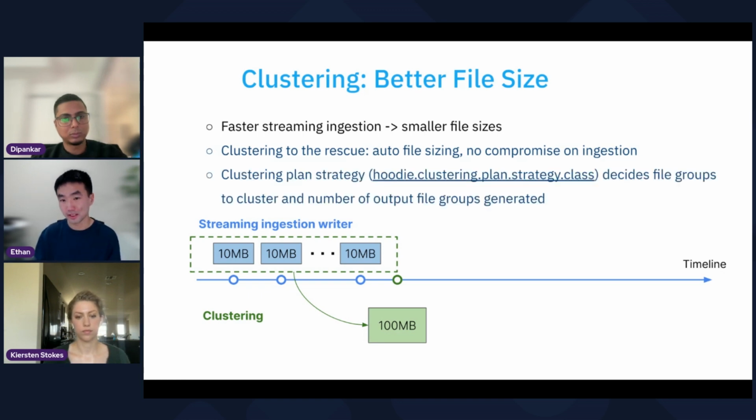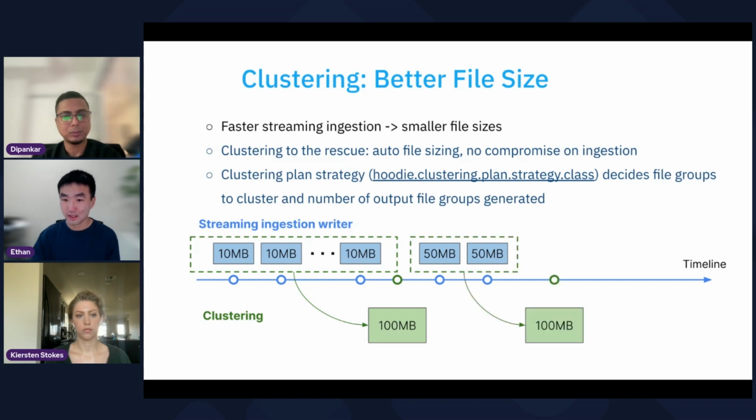And in Hudi, we allow users to plug in any kind of clustering strategy, meaning what files to cluster and how you cluster them can always be customized. So let's say later on this job gets more data per batch and writes 50 MB files. If we already say we want 100 MB files, we don't have to recluster previous files.